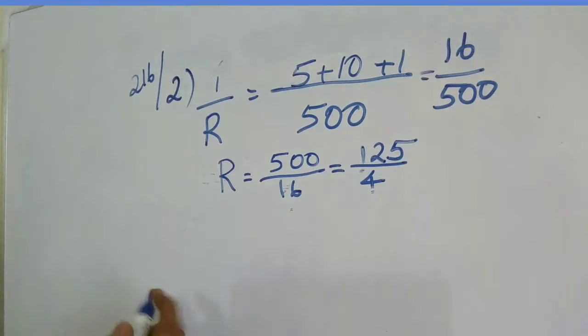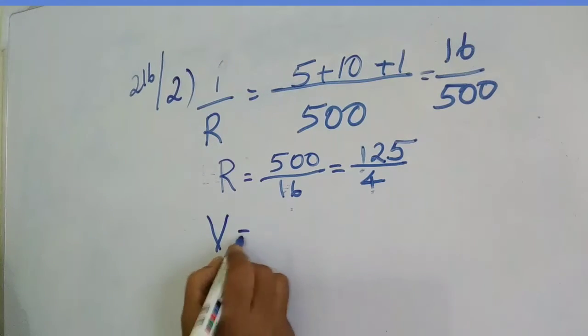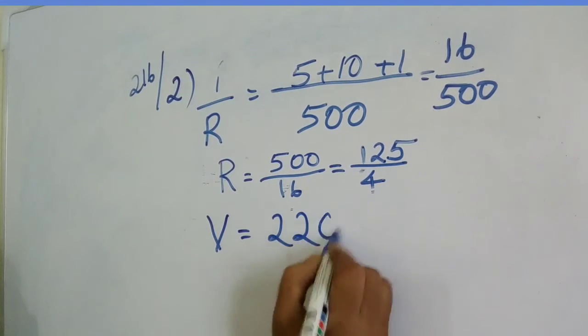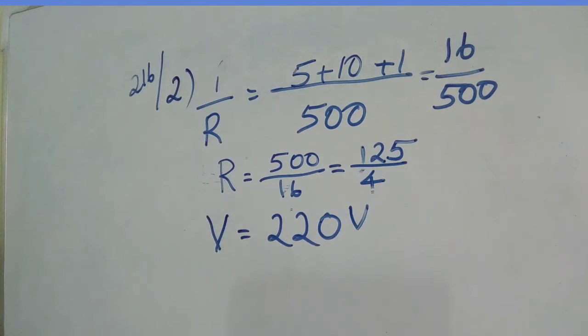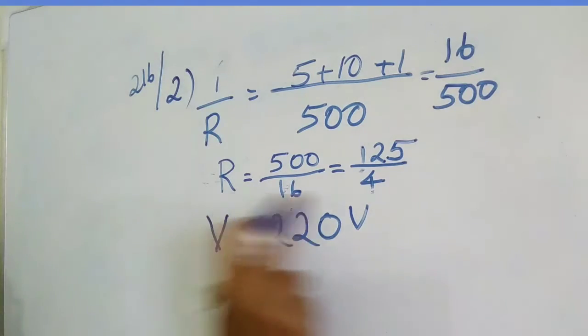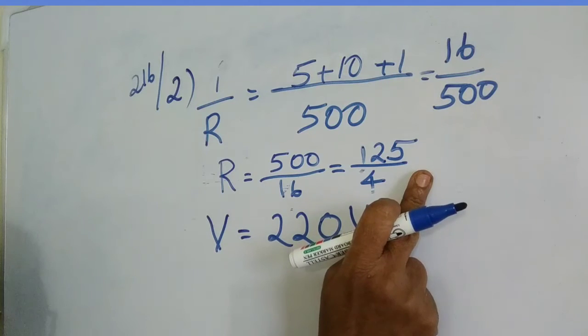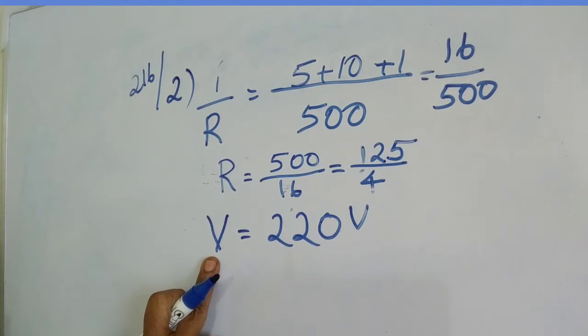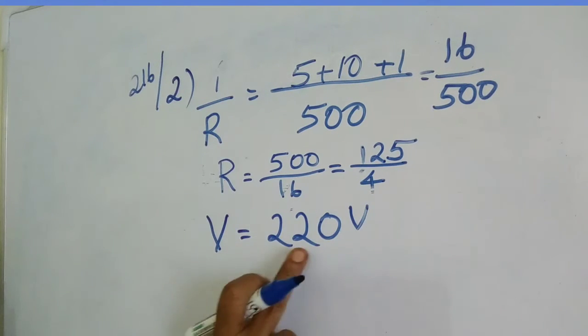And it is connected to a 220 volt source. The net resistance in the circuit is this much, and it is connected to a source of 220 volt.